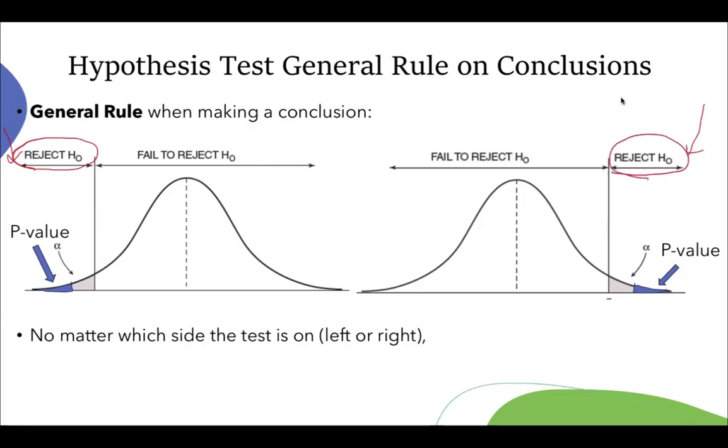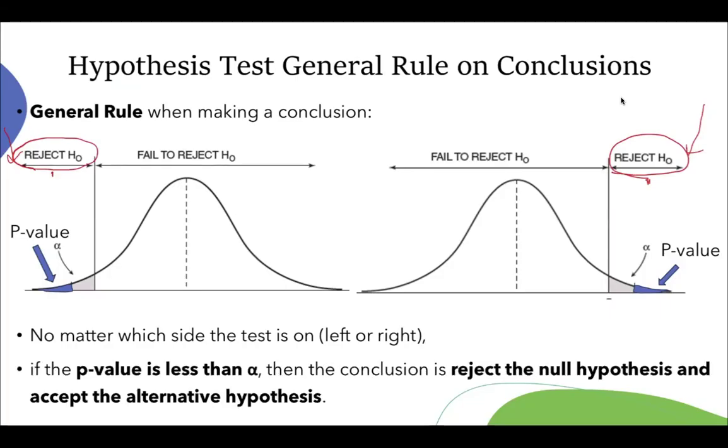So notice in both these cases, the p-value is a smaller piece of area than alpha is, and that's why we are rejecting the null hypothesis. If the p-value is less than alpha, the conclusion is reject the null hypothesis and accept the alternative. And that will always be the case no matter if the test is on the right or the left.